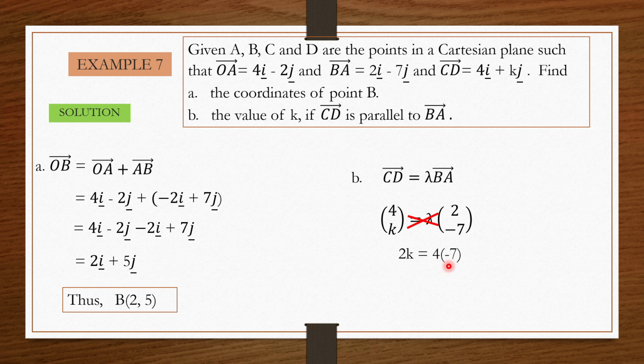That will be 4 in bracket, make sure you use bracket, negative 7. Simplify this and your final answer of k will be negative 14. Again, remember, if parallel, you need to form an equation relating the two vectors. You may use lambda to relate or use k.